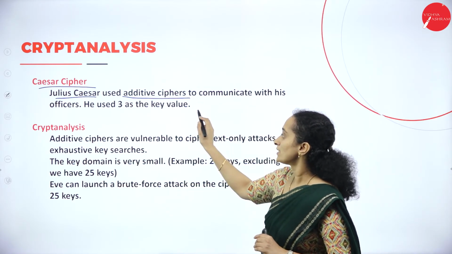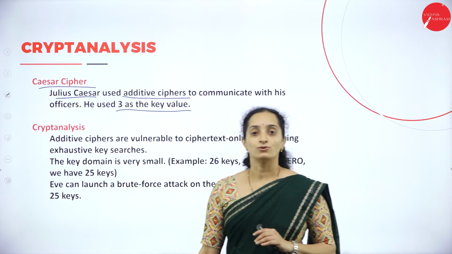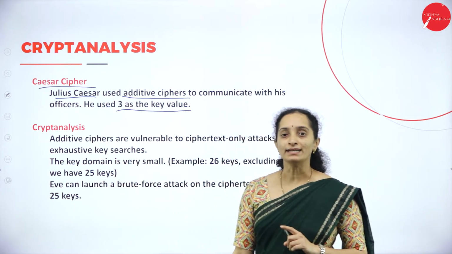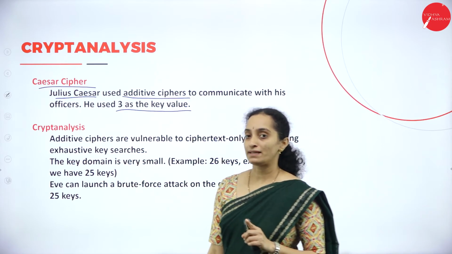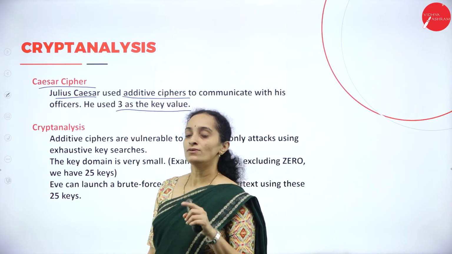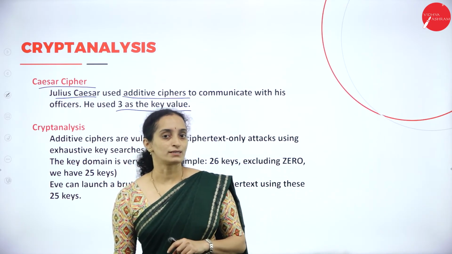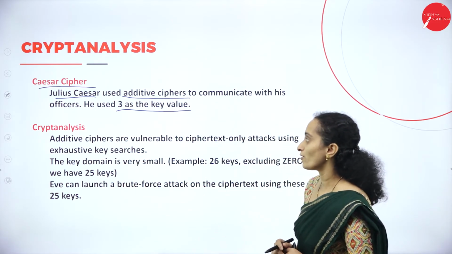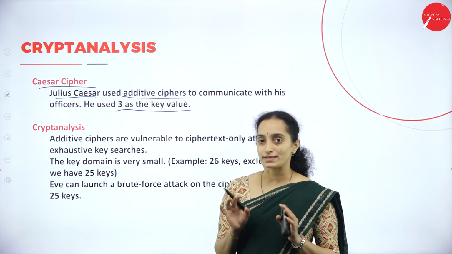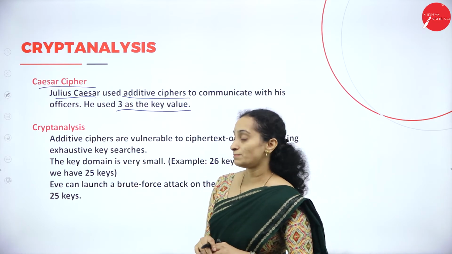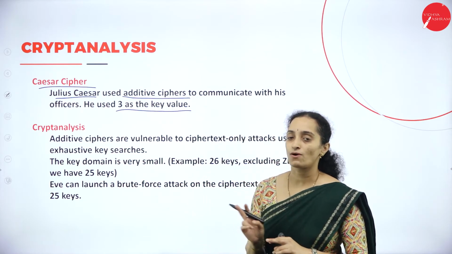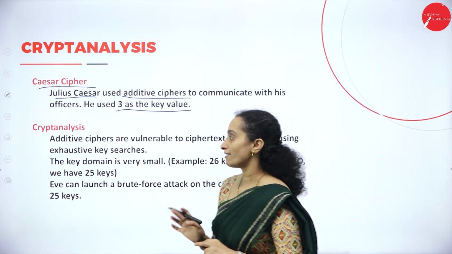He used 3 as the key value to generate an encrypted message, or cryptic code, to forward to his minister or his followers. Since this cipher method was used by Julius Caesar, it is also called the Caesar cipher.